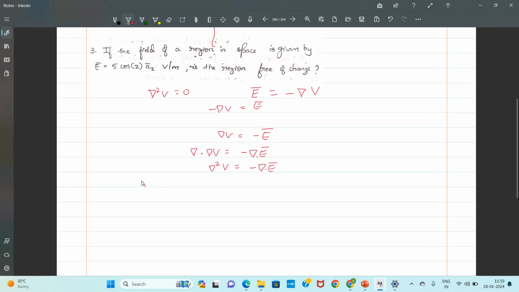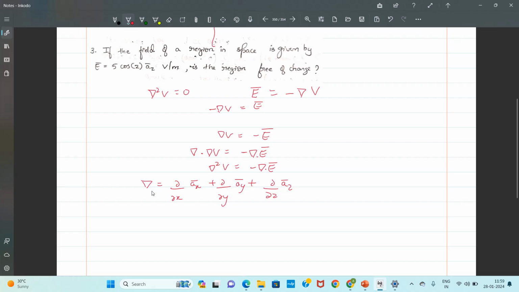And del here is the divergence operator, which is dou by dou x ax plus dou by dou y ay plus dou by dou z az. You have seen this in the previous module. And here the system, we can assume it to be the Cartesian system. Or in general, you just see this is your divergence.